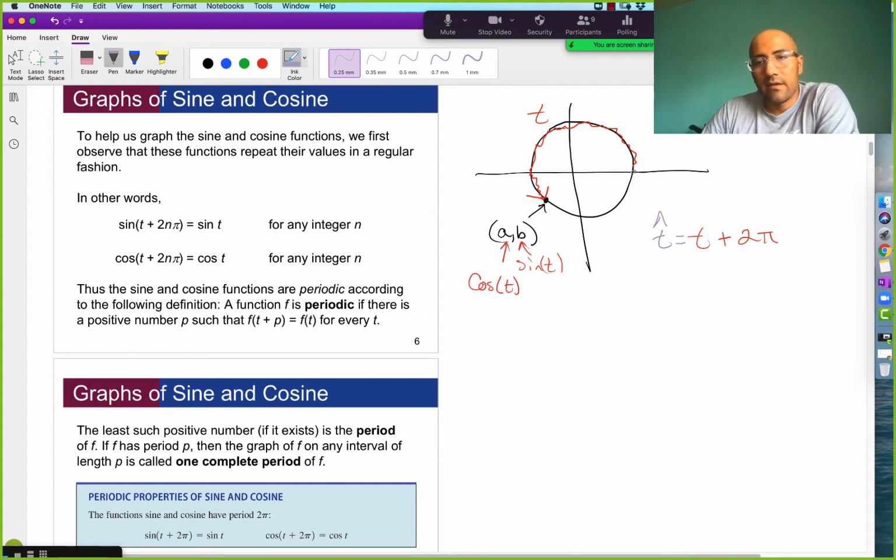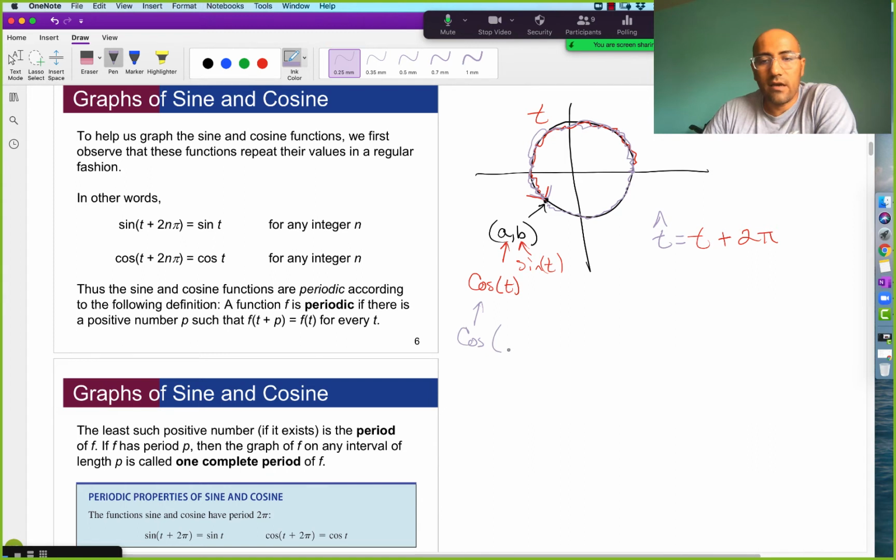Then it's going to be the same as going this, we get there, and then we do one more full rotation. We go all the way around, and we end up in the exact same spot, right? Which means we're going to get the exact same values. Good. So this is saying that we're going to end up with the same thing.